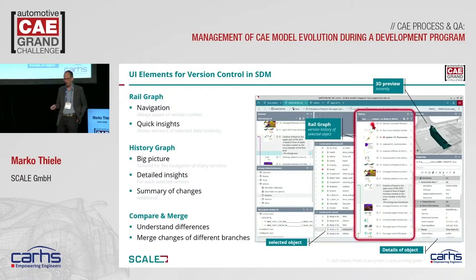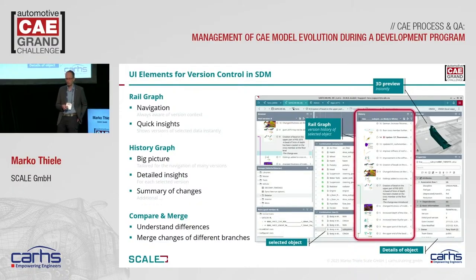So when you click on an object, you see instantly all the versions. You can use that for navigating back and forth through the versions. You can see the different branches, you can see which version is based off of which version, and you can use that in navigating your data and see what your colleagues do and decide where you want to base your changes on.